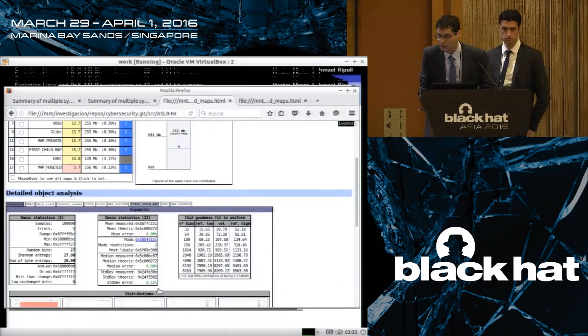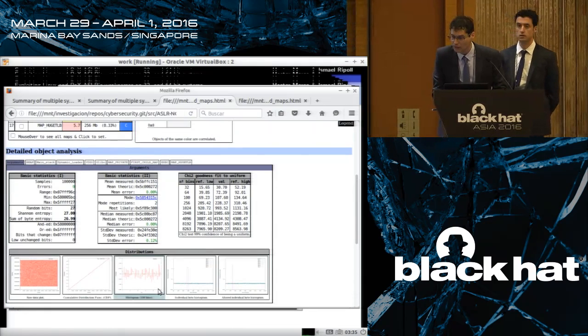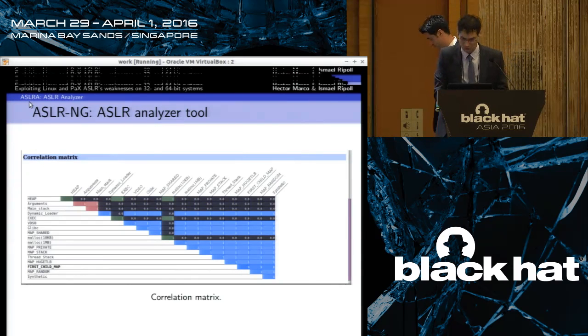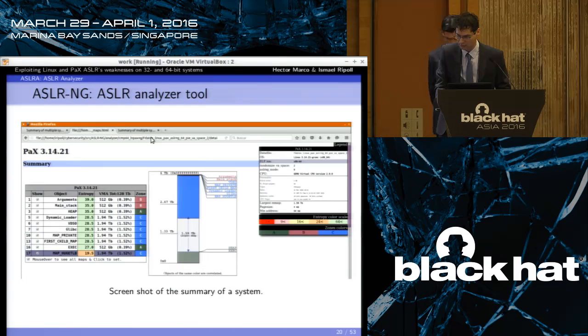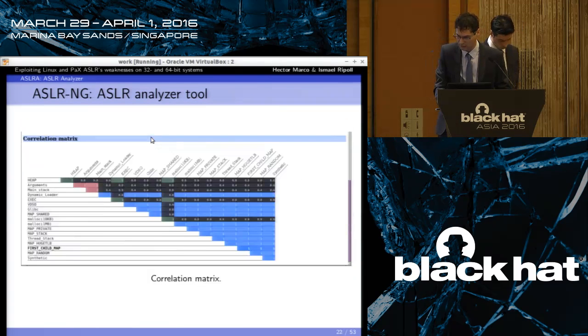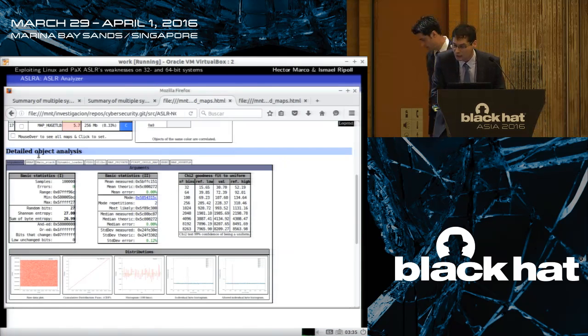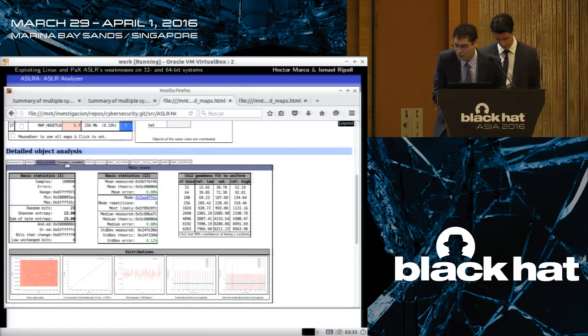So here we have the detail. You see nothing, but wait. I don't know what is happening here. Let's see. Wait a little bit. Okay, so we can see the heap, or the main stack, or the dynamic loader.